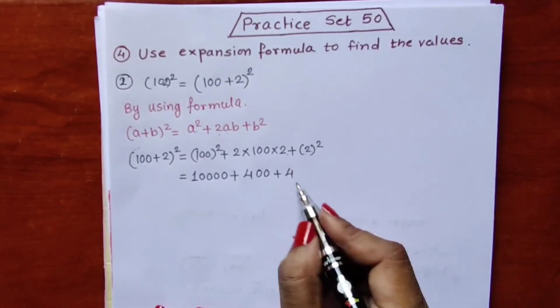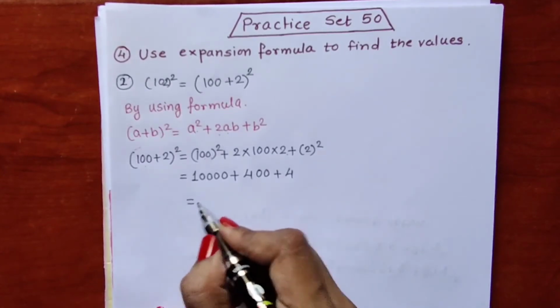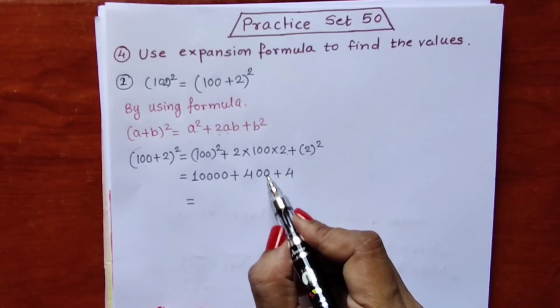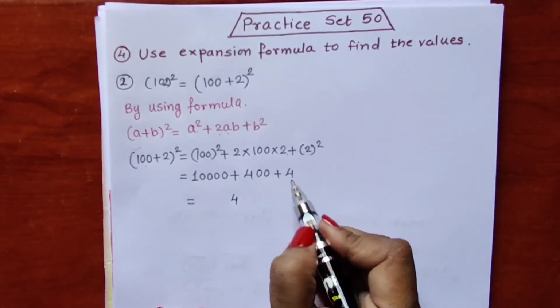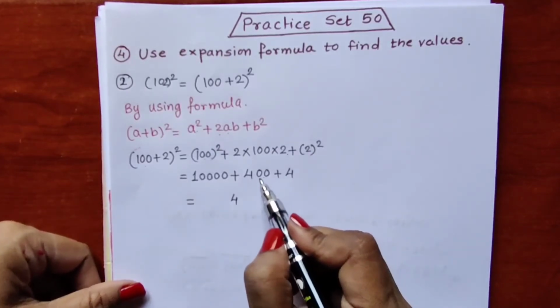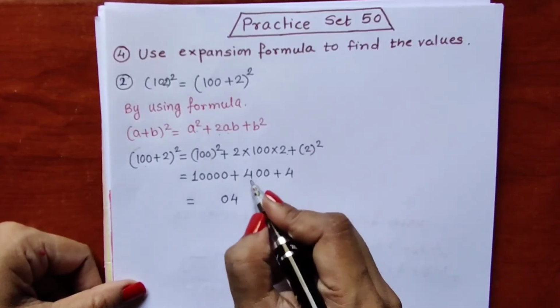Now we can add all these numbers because all of them are constants. So add 4 plus 0 is 4. Then this unit place digit has gone. Now see the tens place digit, 0 plus 0 is 0. Tens place digit has gone.